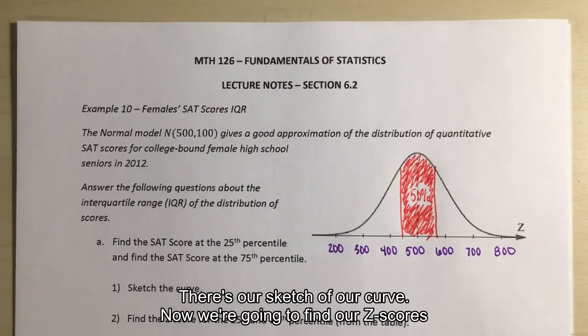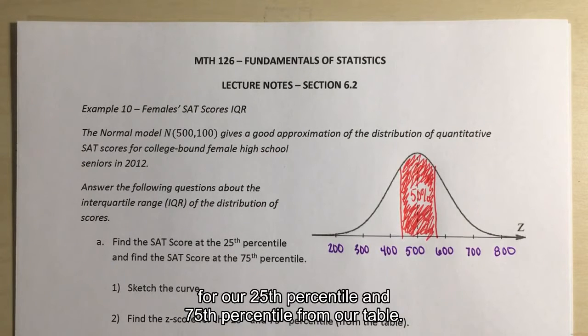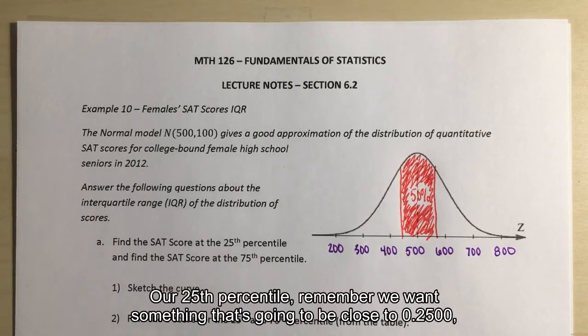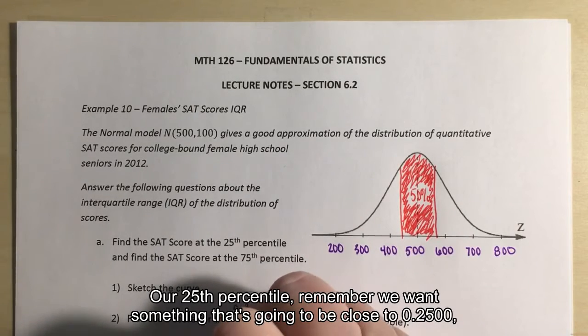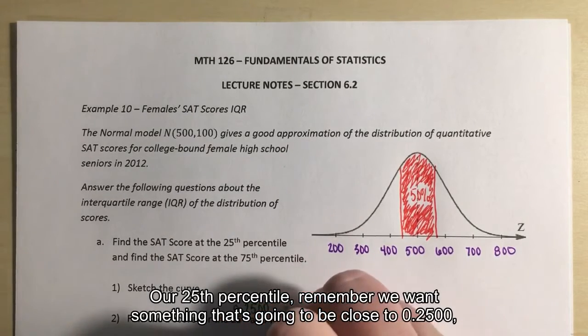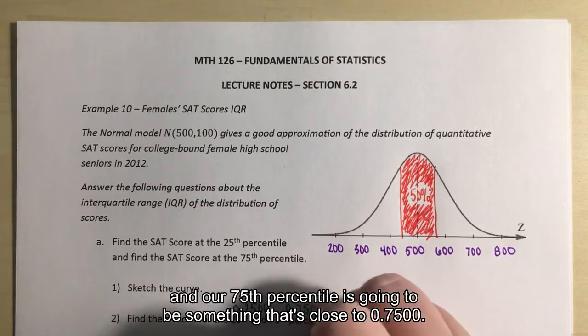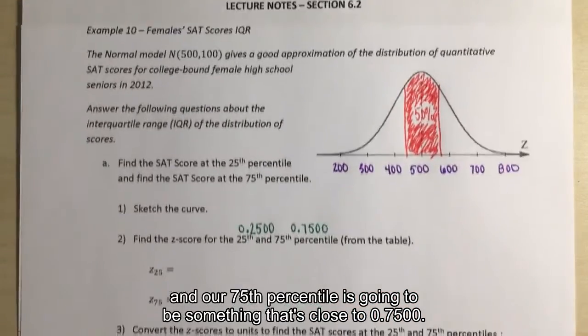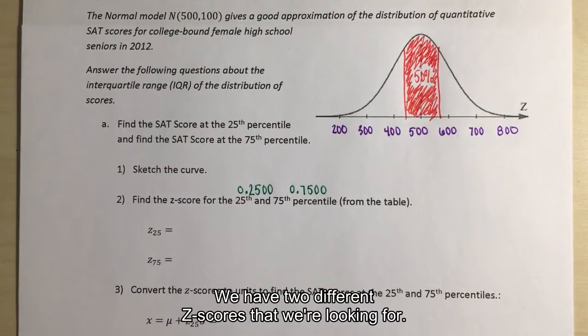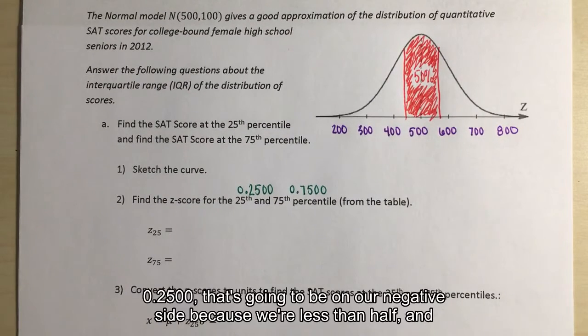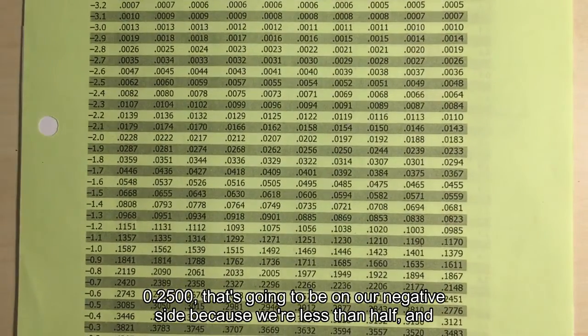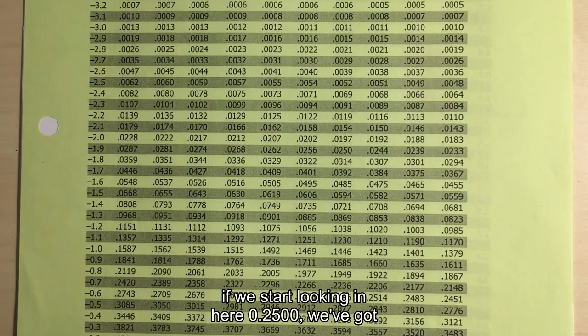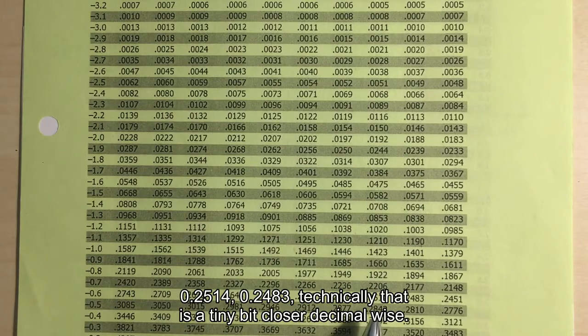So now we're going to find our z-scores for our 25th percentile and 75th percentile from our table. Remember, for our 25th percentile we want something that's close to 0.2500, and our 75th percentile is going to be something close to 0.7500. So we have two different z-scores that we're looking for. 0.2500 is going to be on our negative side because we're less than half. If we start looking in here, we've got 0.2514, 0.2483.